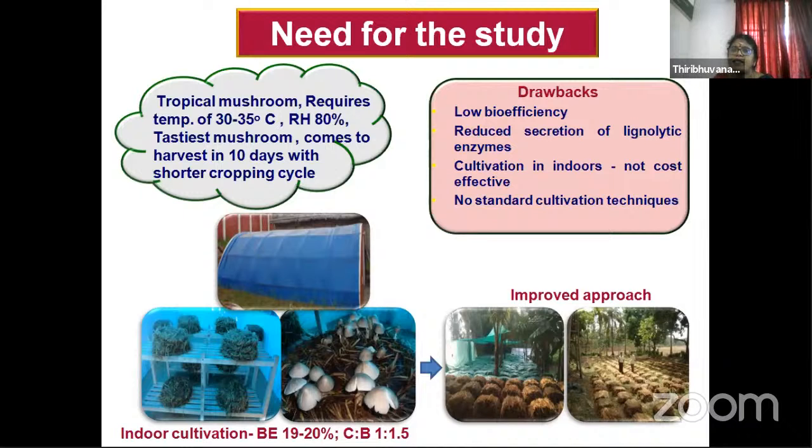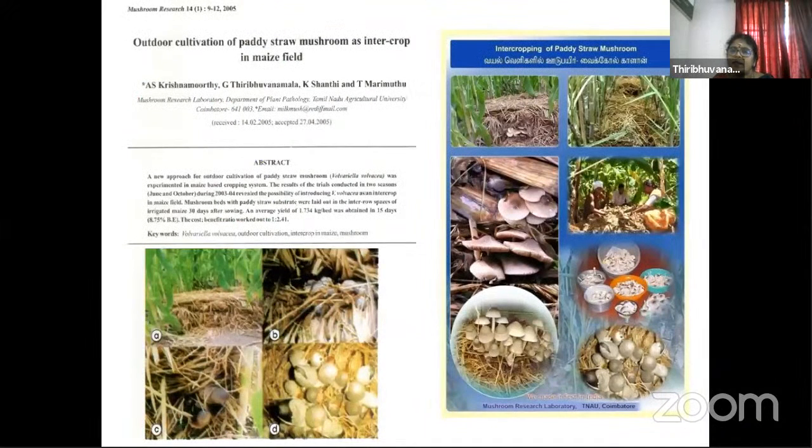Earlier, myself and the present Registrar and Professor Dr. Krishnamurthy attempted some work with our previous director, Dr. Marimuthu sir, who motivated us behind this work. We took up this mushroom as an intercrop in maize, because at TNAU we attempted a work previously in maize hybrids, which have a cropping cycle of 105 days.